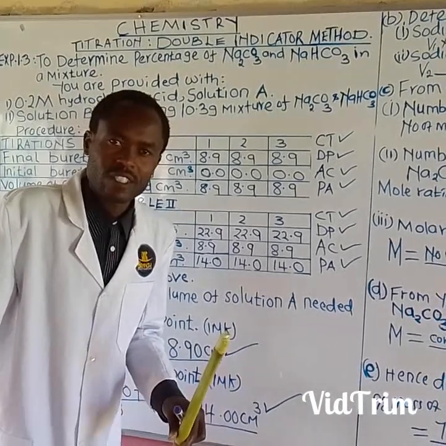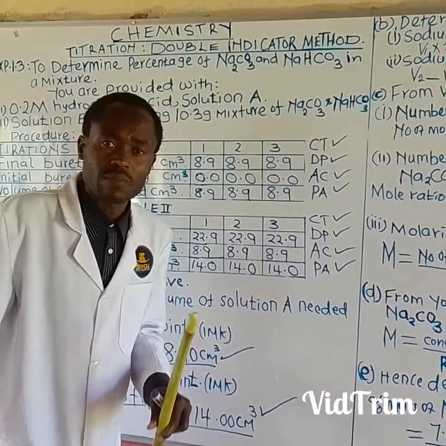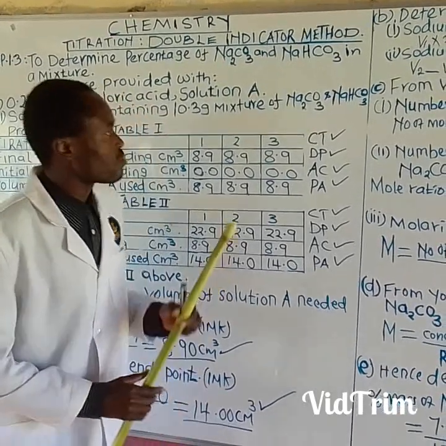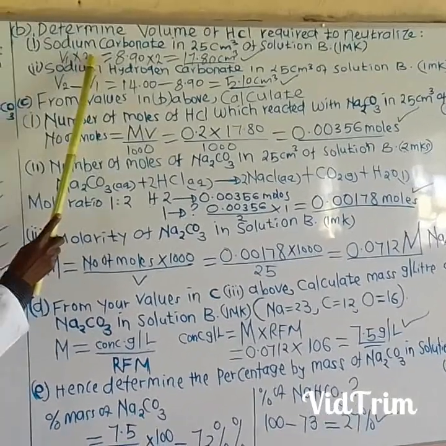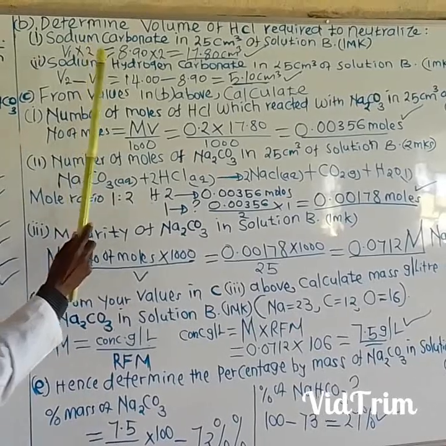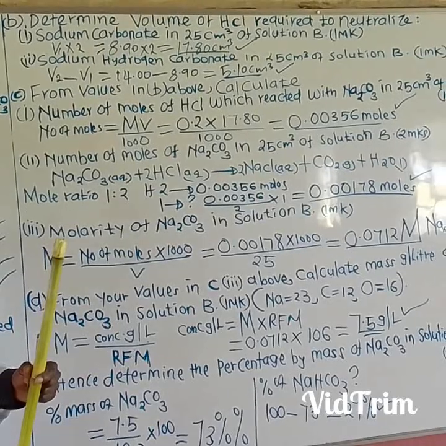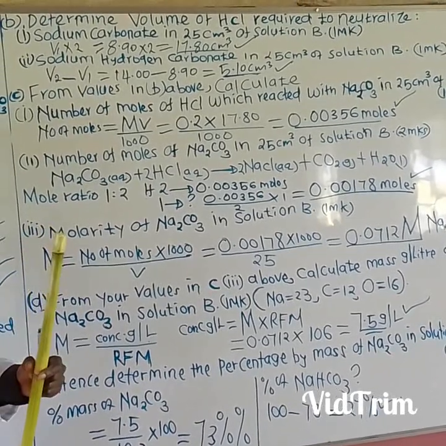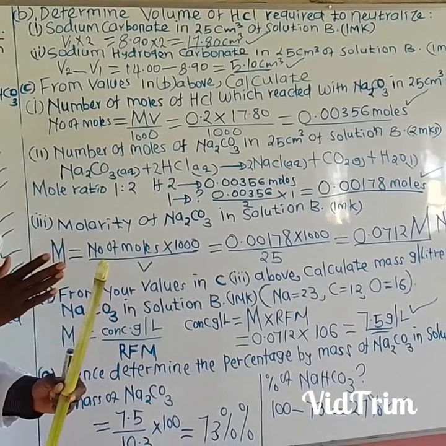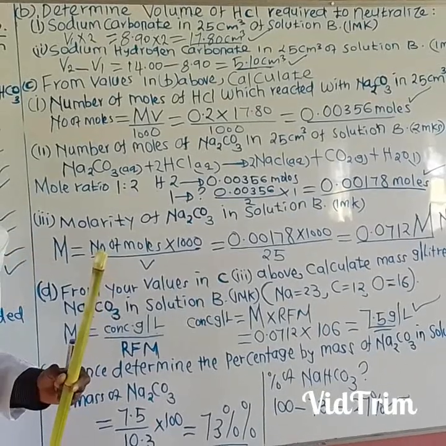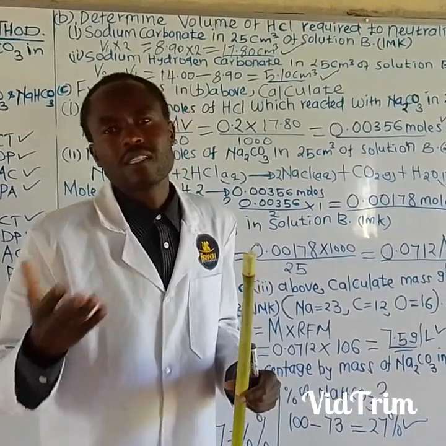Then also, sodium hydrogen carbonate is neutralized in the second titration when we added what? Methyl orange. That's why, my student, when we were calculating the HCl that reacted with sodium carbonate to neutralize 25 of sodium carbonate, we take V1 times 2. When you use methyl orange and when we use phenolphthalein, the volume which neutralized sodium carbonate is the same.